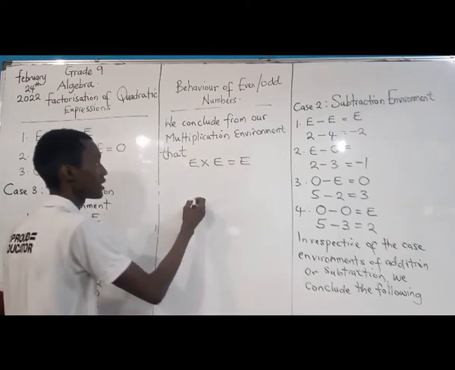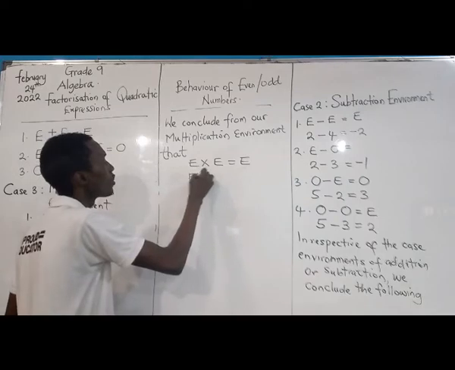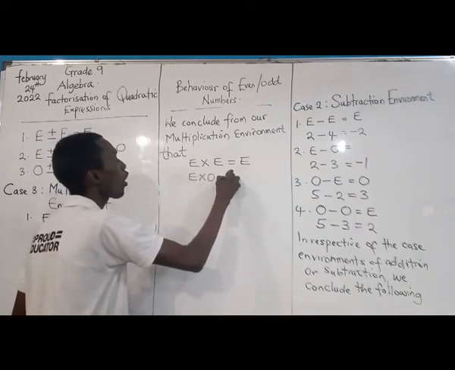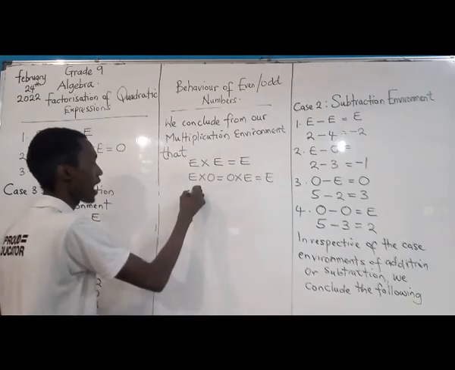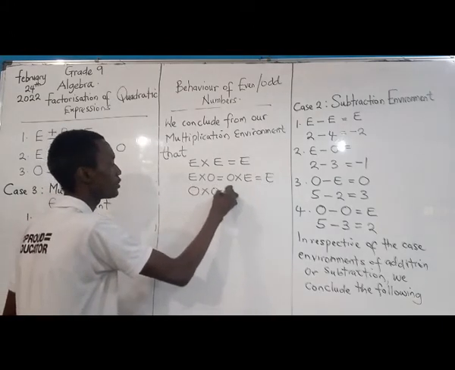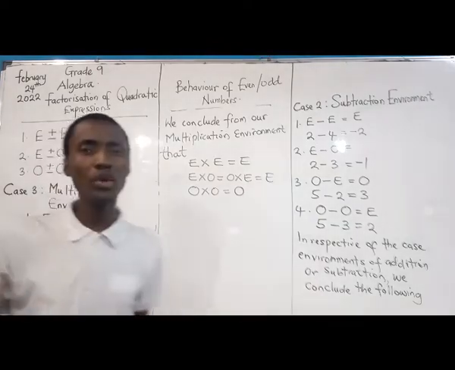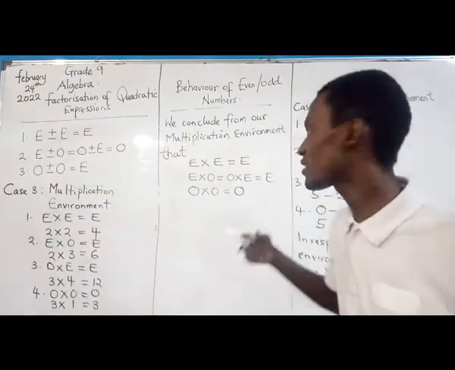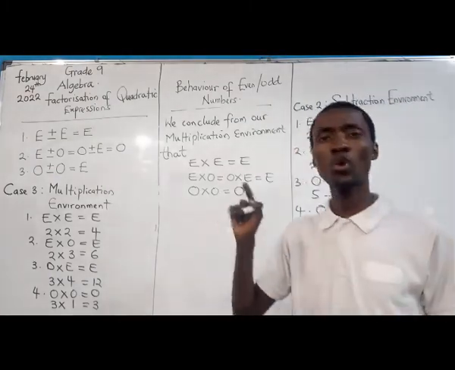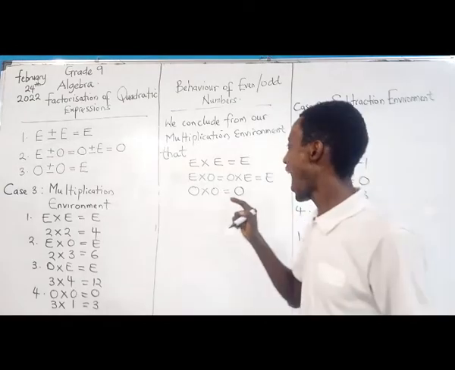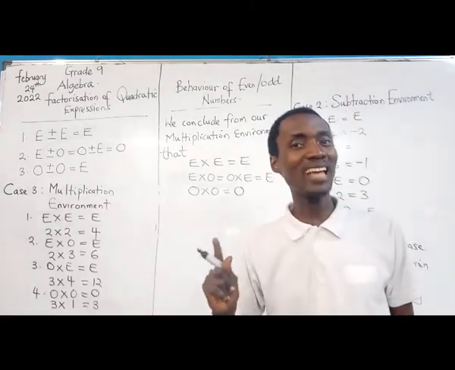Even. That when I'm saying even times odd or odd times even, I get what? Even. And then I have what? Odd times odd being equal to what? Odd. So, what's the conclusion here? The conclusion here is very simple. Anytime I multiply two numbers, as long as I have an even number, the answer must be even.